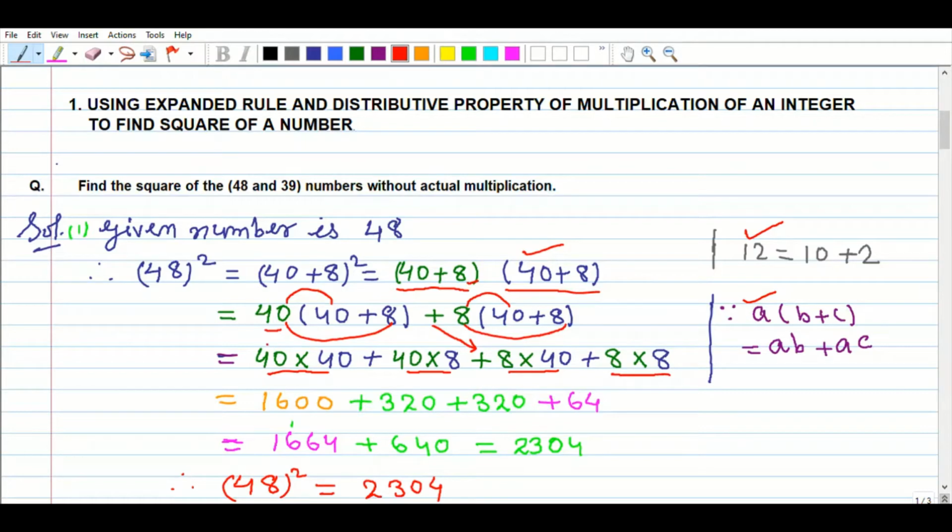We multiply 4 into 4, we get 16, and here is double 0, so we put double 0. 4 8 is 32, I have written 32, and 1 0 contained by this one. Same as here, 8 into 40 also gets the same value as 40 into 8, that is 320, plus 64, 8 8 is 64.